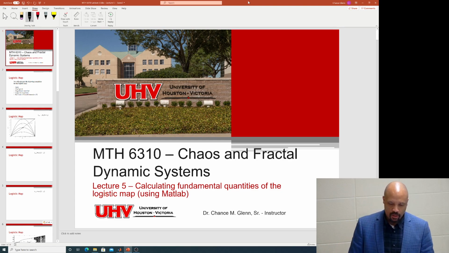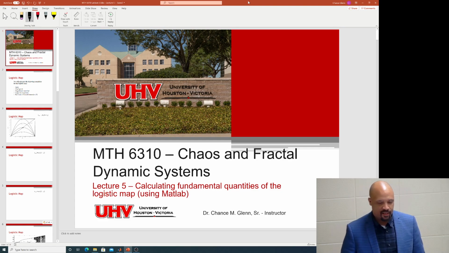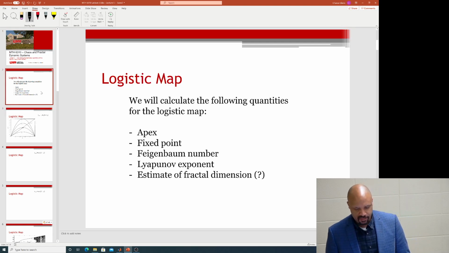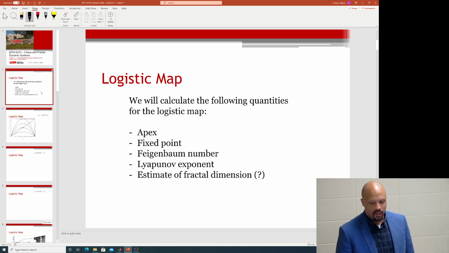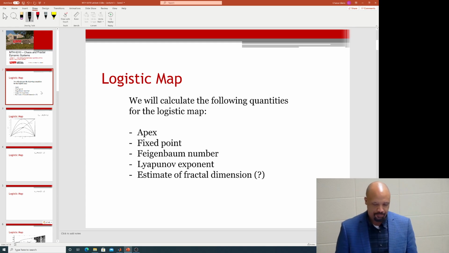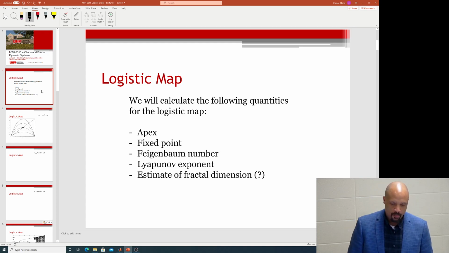Okay, so we're going to go back and calculate some things. I think I made a couple of mistakes last time that I want to clarify. We're going to again figure out what the apex is for the map given different values of this specific variable rho, and then we'll look at the fixed point, and make sure we calculate that properly.